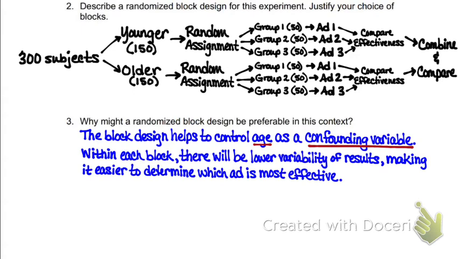So in my particular design, it helped to control for age as a confounding variable. Within each block, there's going to be lower variability of results, making it easier for me to determine which ad is the overall most effective.